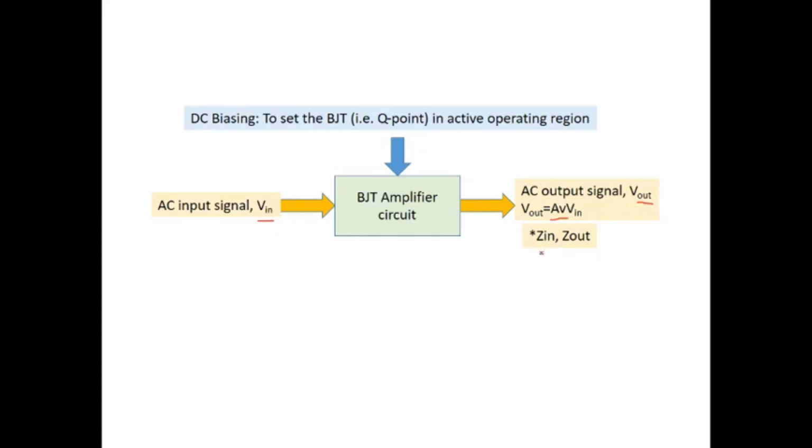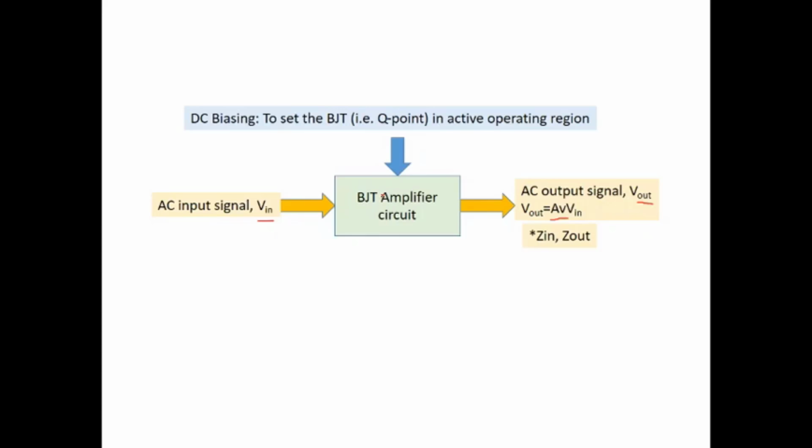So Z in and Z out are other parameters that need to be considered when we do the AC analysis. And then there is also a DC part involved in the amplifier circuit. This is where we power the amplifier, or in other words, we turn on the amplifier.